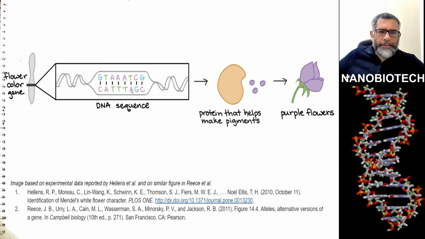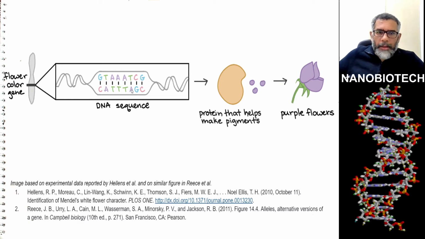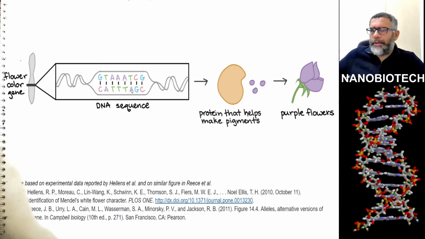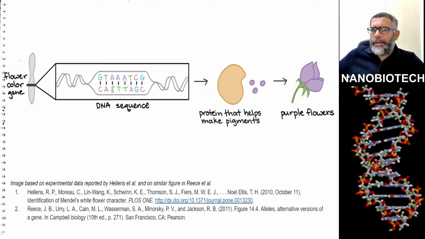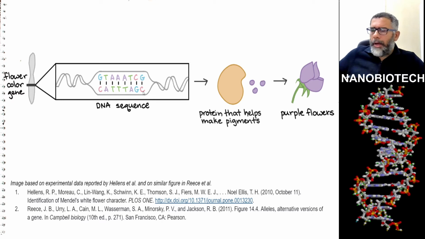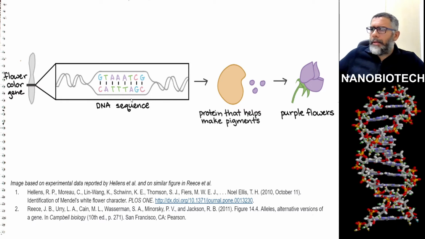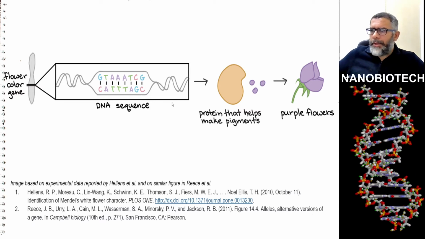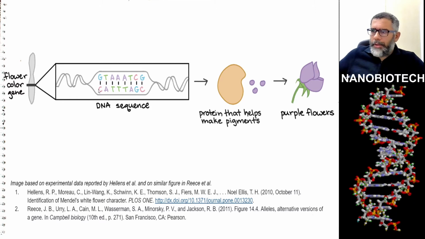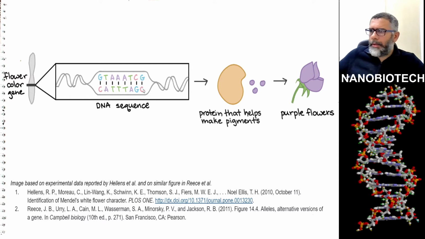For example, Mendel's flower color gene provides instructions for a protein that helps make colored molecules like pigments in flower petals. So there is this information in the DNA, it's called a gene, but how this gene appears in the body is that there is a specific kind of product, called a pigment protein, which is read out by some other molecules inside the cell.